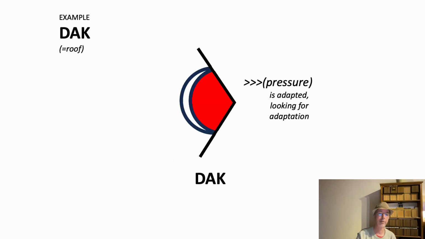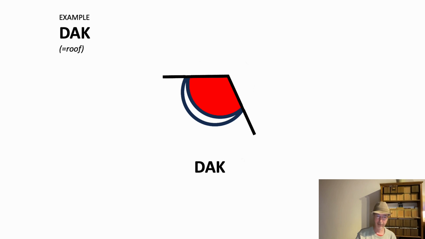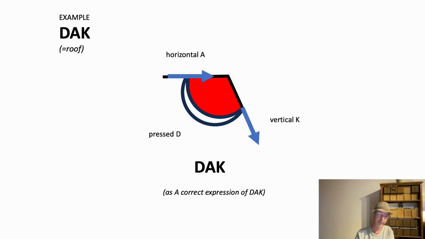That's what I would say, and this pressure will be added to the K, and it will look for adaptation. If I just simply use the horizontal and vertical plane as it should be, I have more or less this form. I have the horizontal A, the vertical K, and the pressed D.